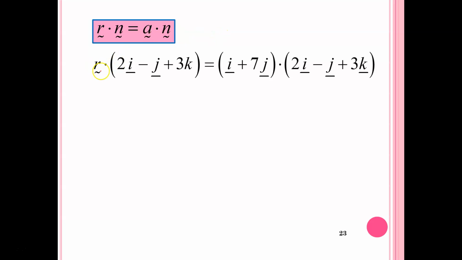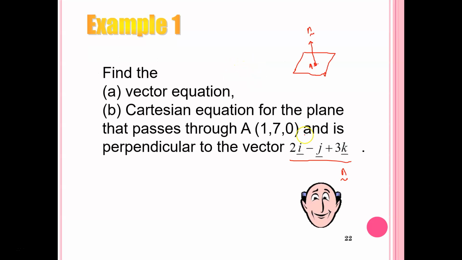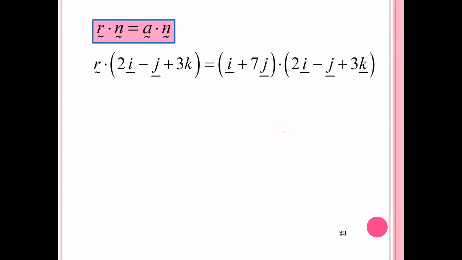So for r over here, just write it down r. If you want to write it down using xi plus yj plus zk, also can. And then you have n, your normal vector, equal to a. A is actually your point just now. You have 1, 7, and 0.